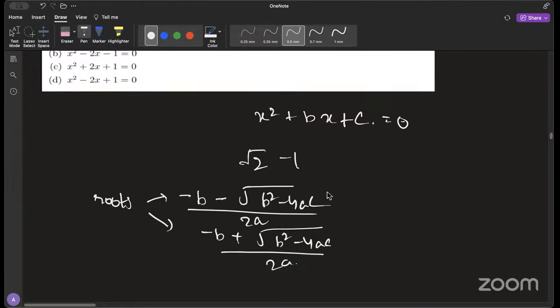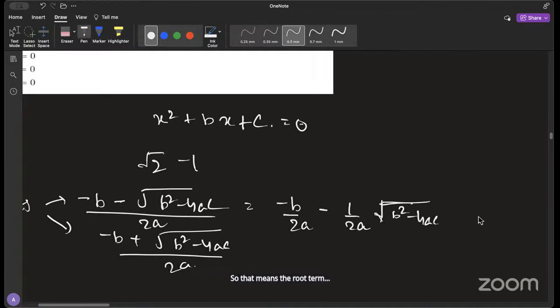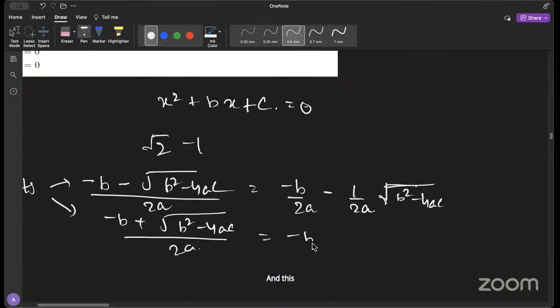One of the roots is given to be minus 1 plus root 2. If you write it properly, this is minus b by 2a minus 1 by 2a square root of b squared minus 4ac, and this is minus b by 2a plus 1 by 2a square root of b squared minus 4ac.